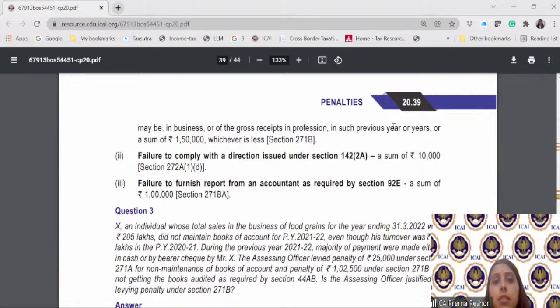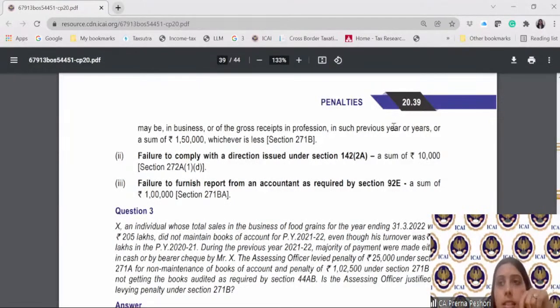Okay, understand one thing very carefully now about this particular question. Here, Mr. X is required to maintain the books of accounts because his turnover has already exceeded 25 lakhs as per 44A. His gross sales from the food grain business are 205 lakhs.